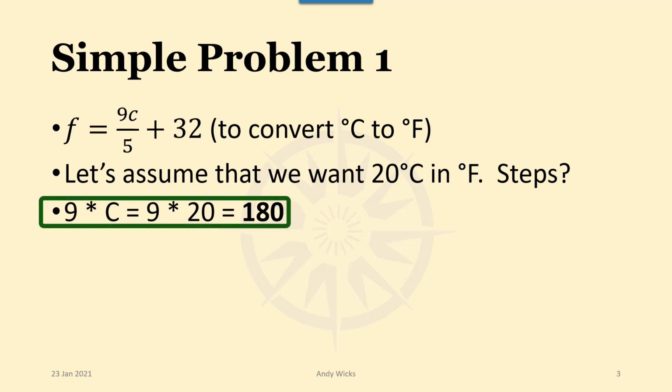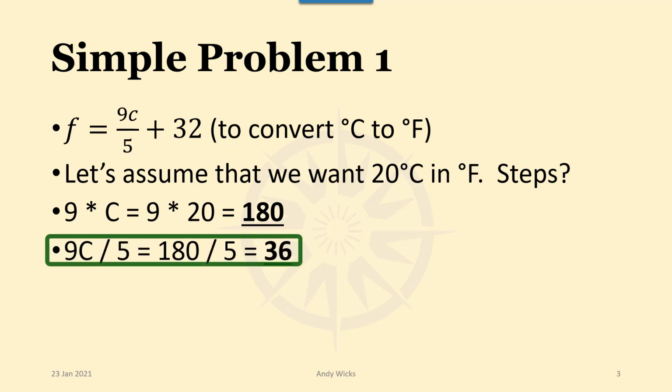Well, 9 times c is just 9 times 20 in our example, and that gives 180. So we check that whatever we've entered into Scheme gives us the answer 180.